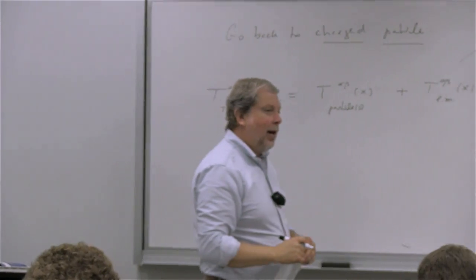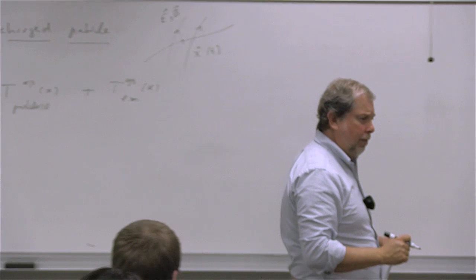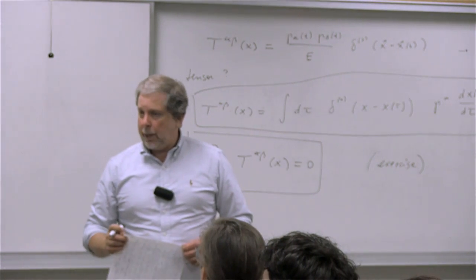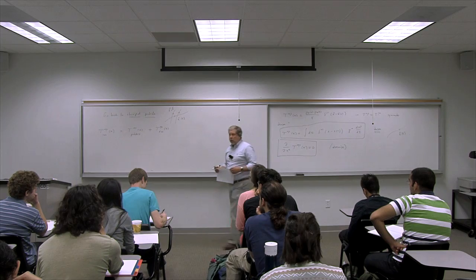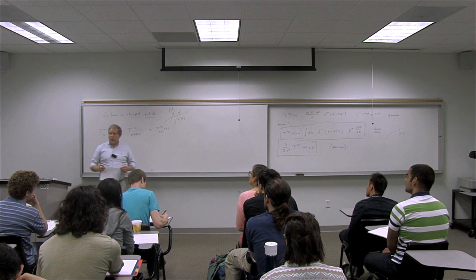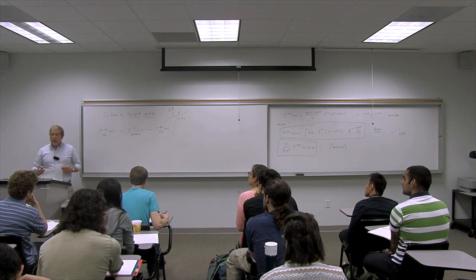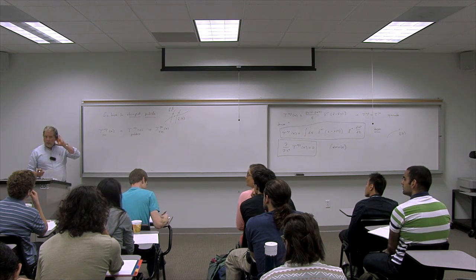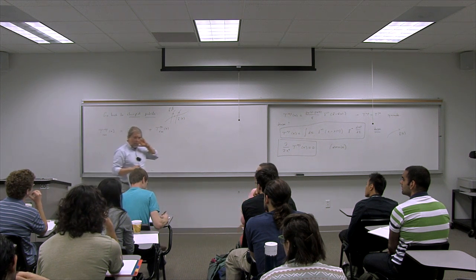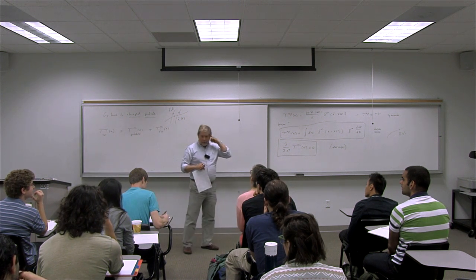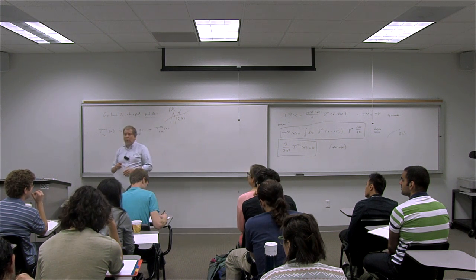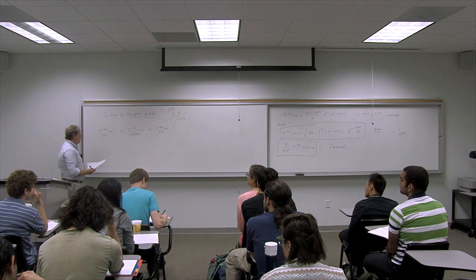Now, does the electromagnetic field carry energy and momentum? Yes, because we learned that when we read Jackson, right? We know that there is an energy density which is proportional to E squared plus B squared, and there is a momentum density given by the good old Poynting vector, the E cross B part.